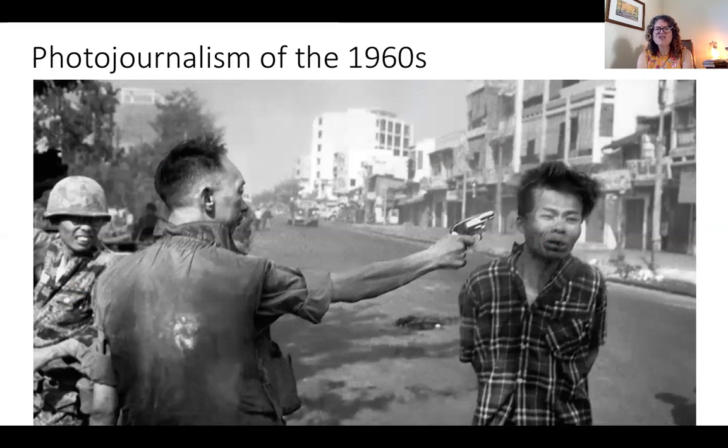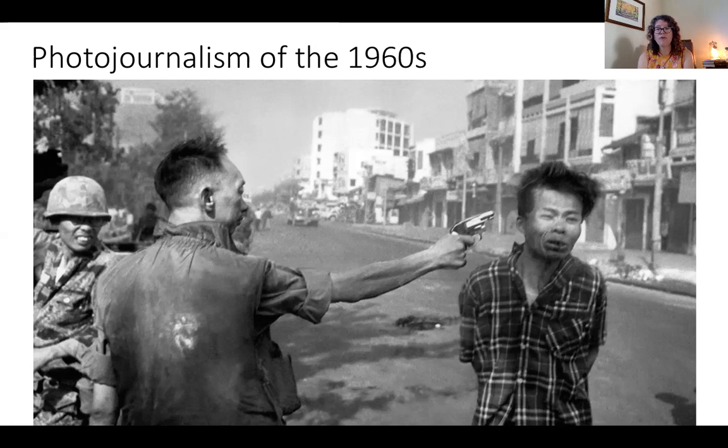I want you to understand the power of the image that we've seen throughout our global history. First through line drawings and wood engravings, then through the reproduction of halftones, and later through the reproduction of color images.